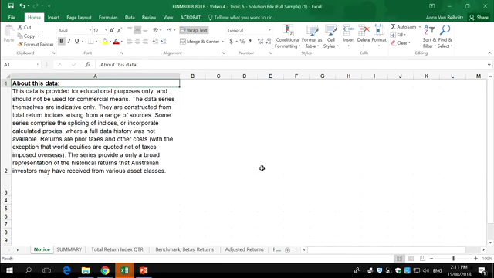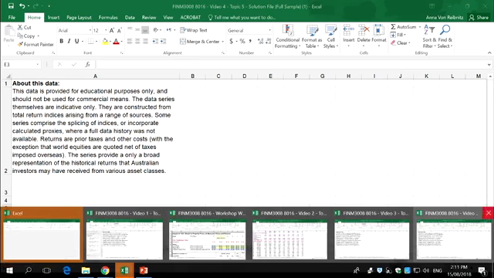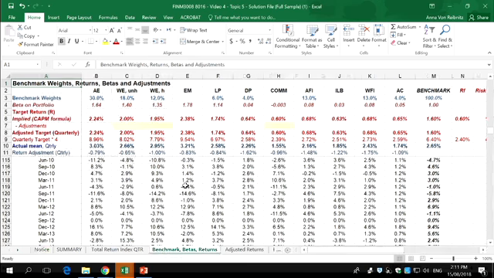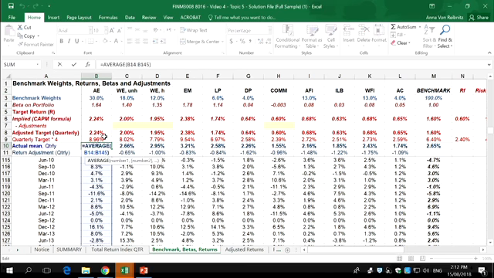So the Excel video for next week, which is already on Wattle now, actually applies this implied views method of gaining expected returns. So this is what you get in the video. If I start with the actual mean for Australian equity, the actual mean is the implied views method, right?